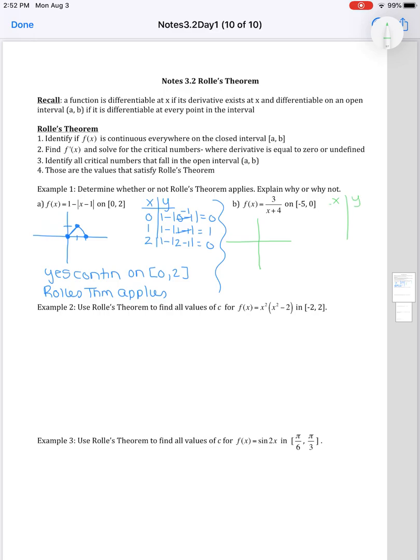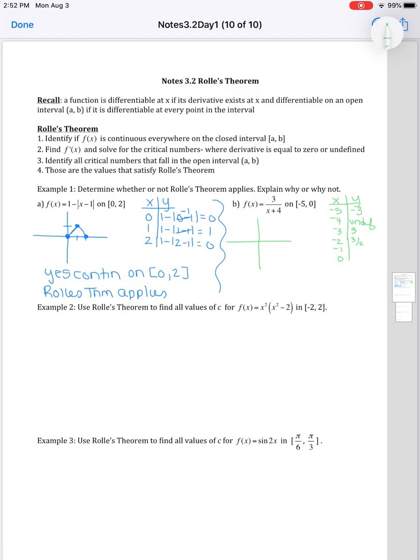All right, for the second one here, if we sketch this, I sub in the values that I have: negative 5, negative 4, negative 3, negative 2, negative 1, and 0. If I plug in negative 5, I get 3 over negative 1, which is negative 3. If I plug in negative 4, that's undefined because there's actually a vertical asymptote there.